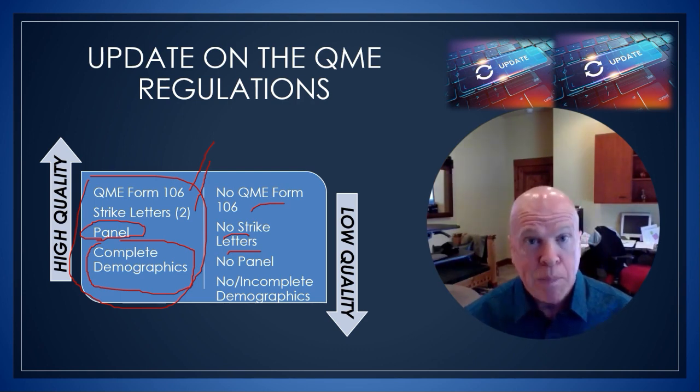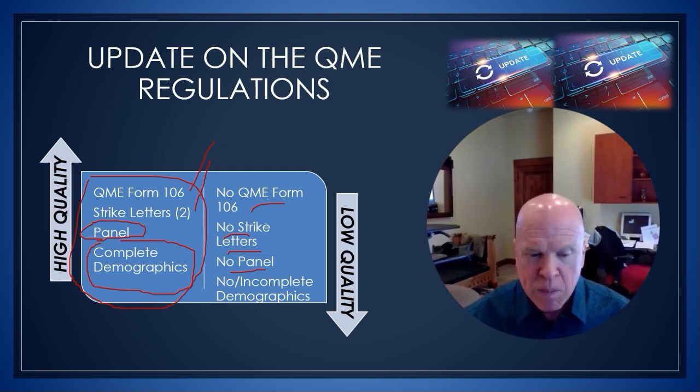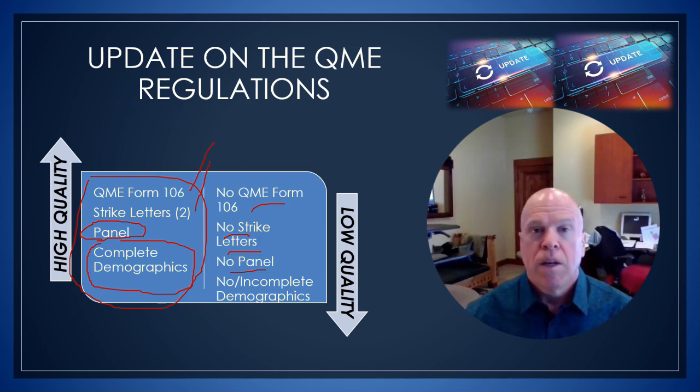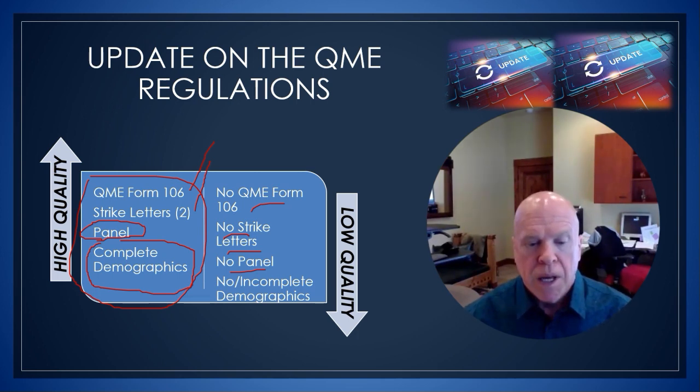It's likely there might not be 2 strikes, in which case you're scheduling an appointment for nothing. If you're not able to get a copy of the panel, maybe there is no panel with your name on it. You need to see a panel that has your name on it. If you're not able to get complete demographics or there's no demographics, guess what? You're biting off a lot of admin time, which is going to erode your profitability for this particular evaluation.